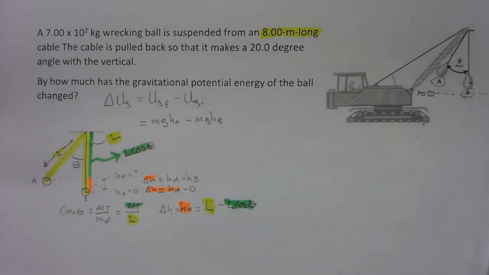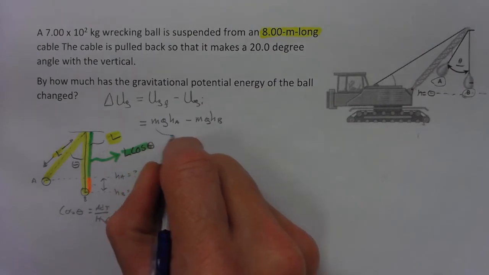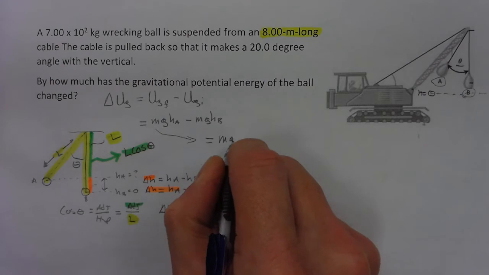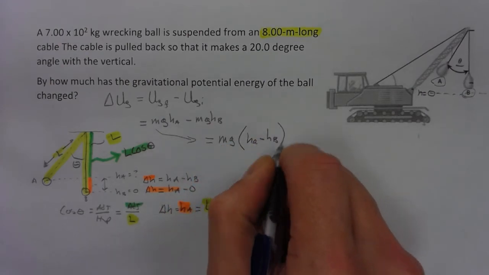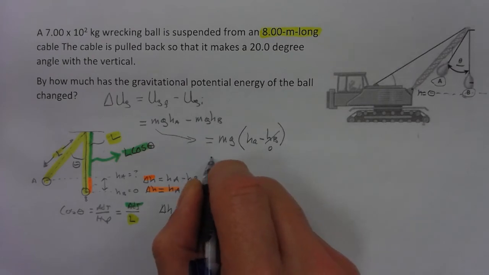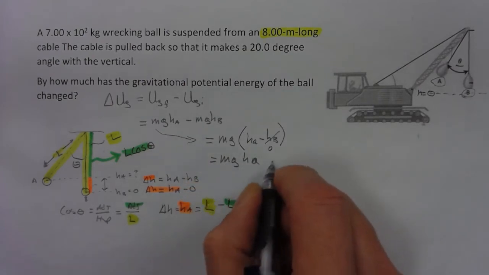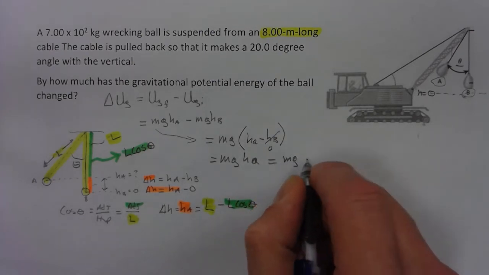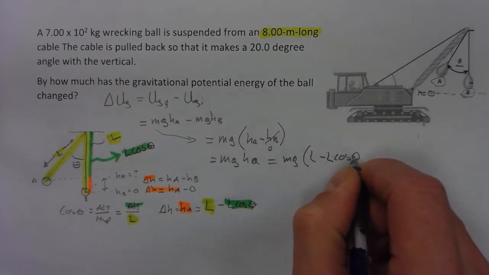So if we plug in our numbers, we can factor out the mg. We got mg times (HA minus HB). HB is 0, so it's equal to mg HA, which is mg times (L minus L cosine theta).